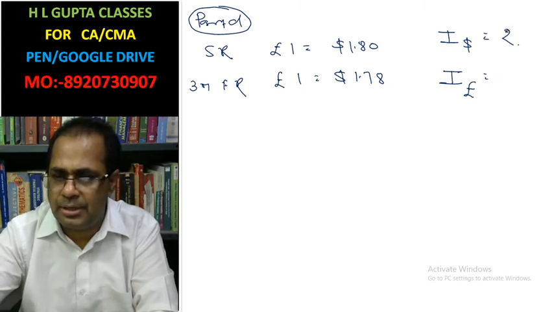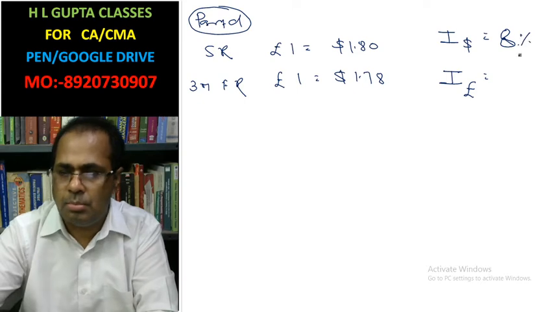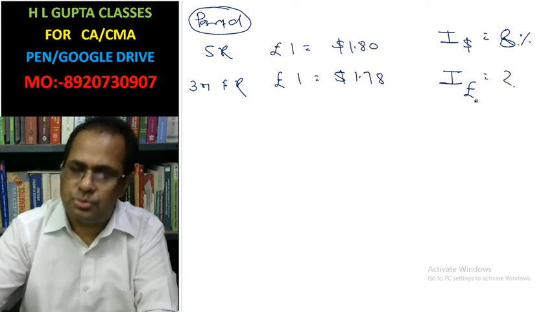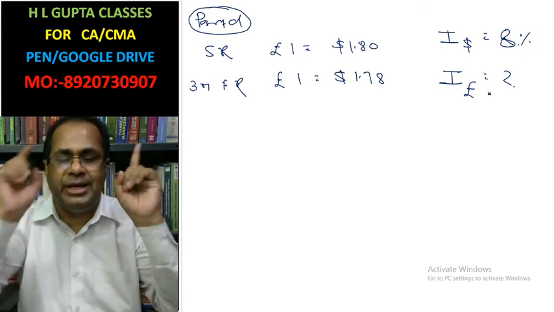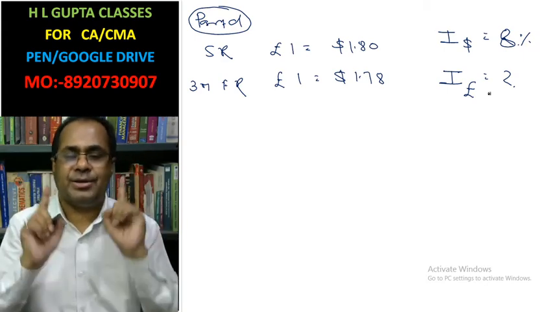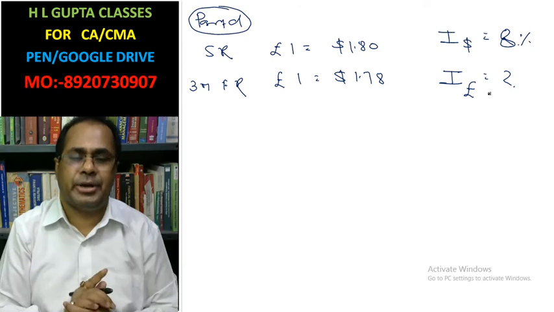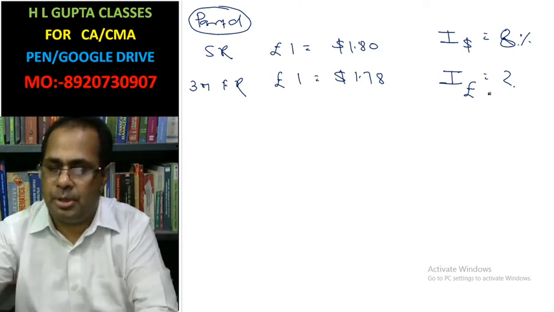The dollar interest rate is the same, 8%. What should be the interest rate of the pound at equilibrium?